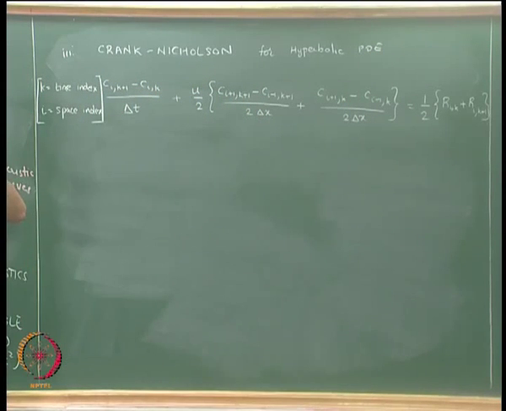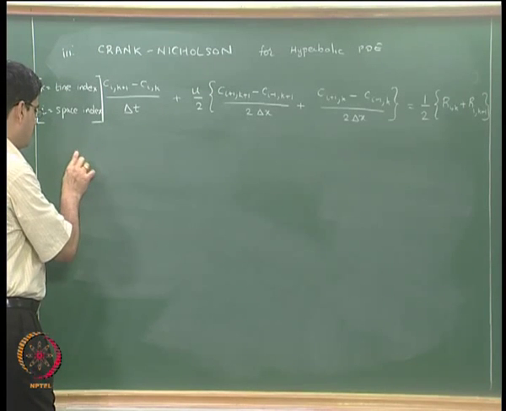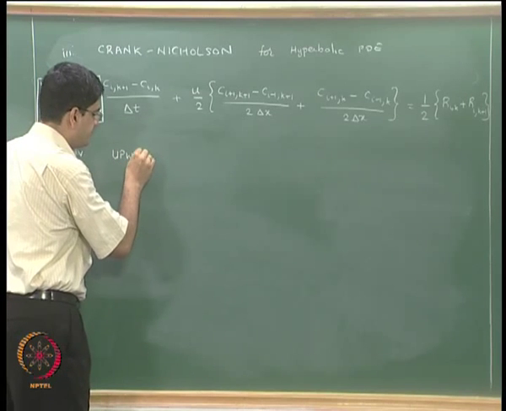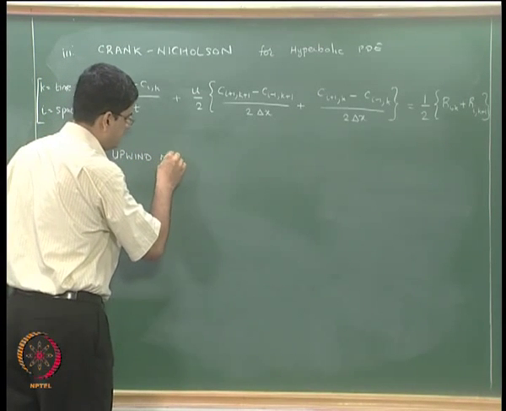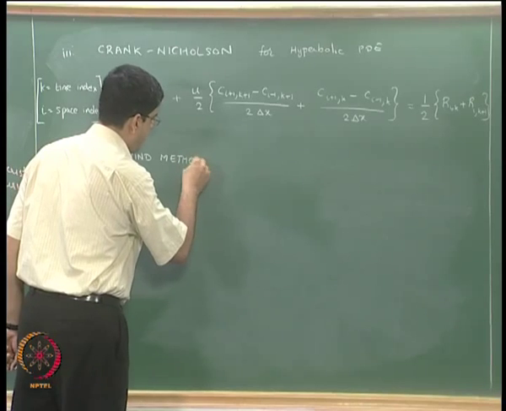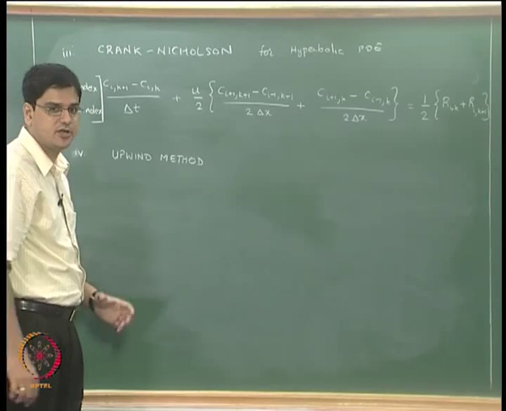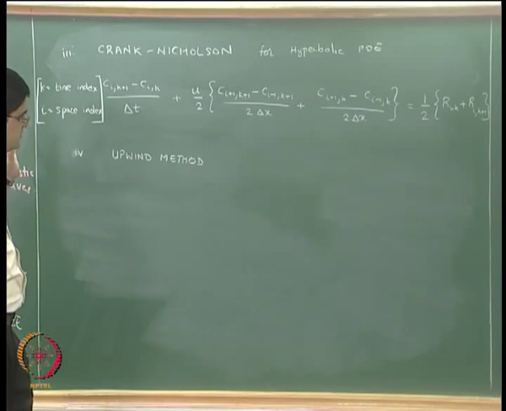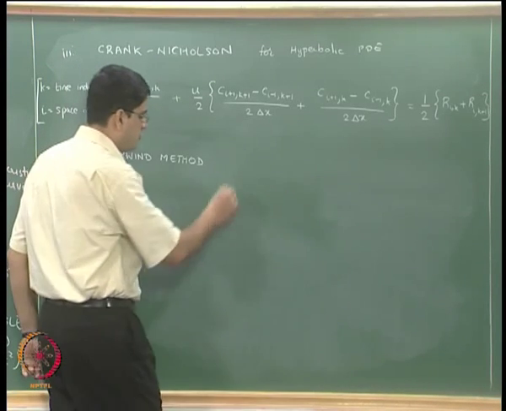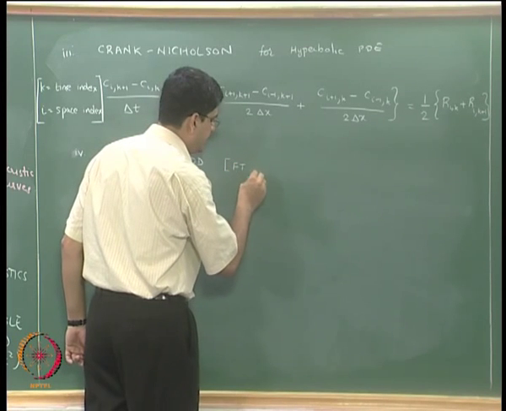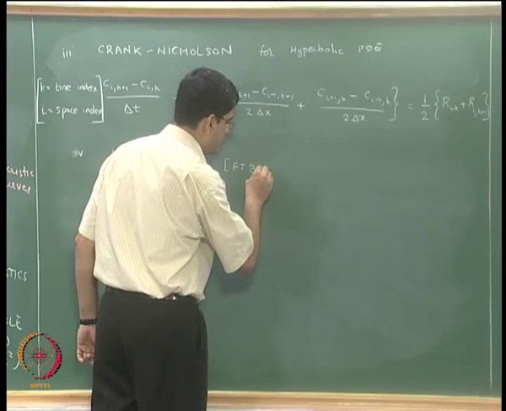Okay. And the final method that I want to talk about for hyperbolic PDE is what is known as an upwind method. For our purpose, if velocity is positive, let us assume that the flow takes place from left to the right. In that case, this method is going to be forward in time and backward in space.